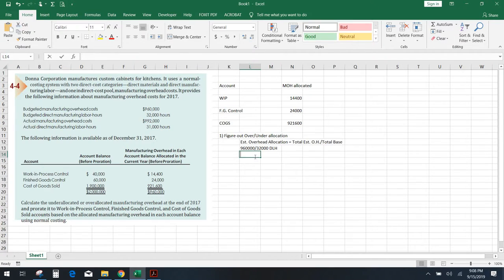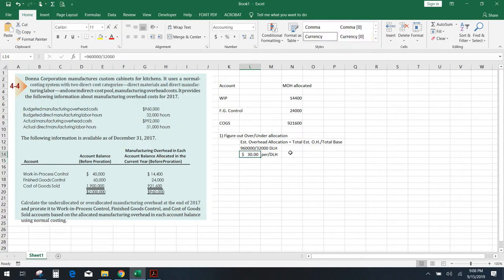That equals 960,000 divided by 32,000, which equals $30 per direct labor hour.